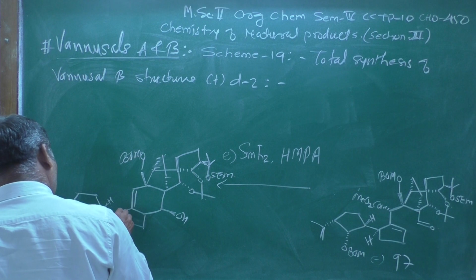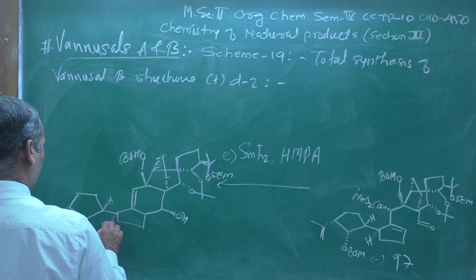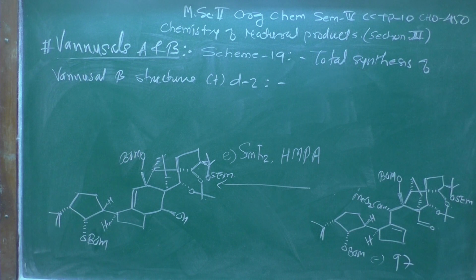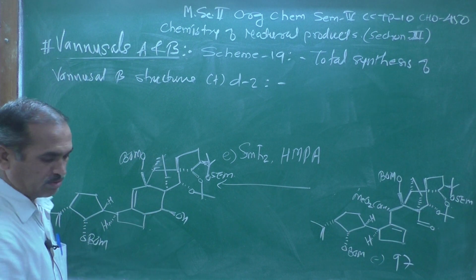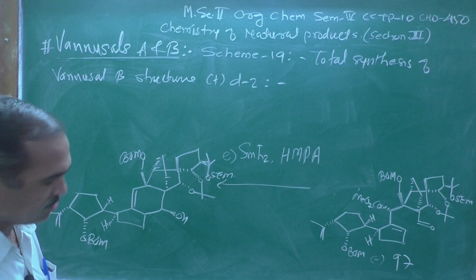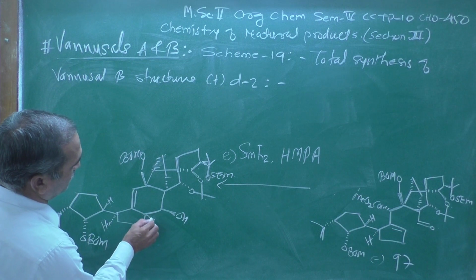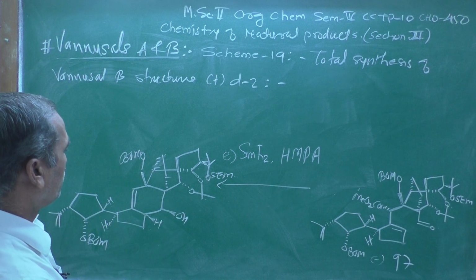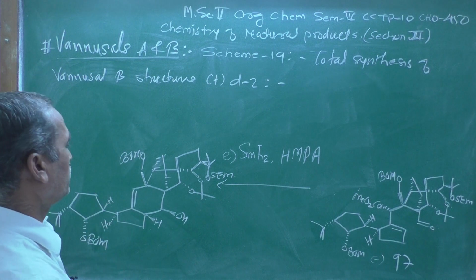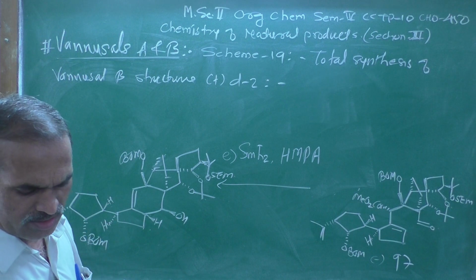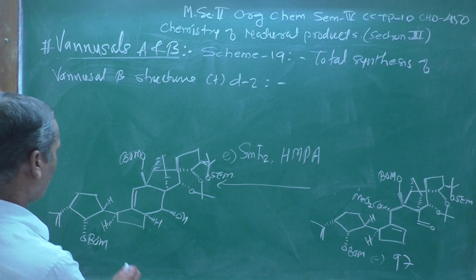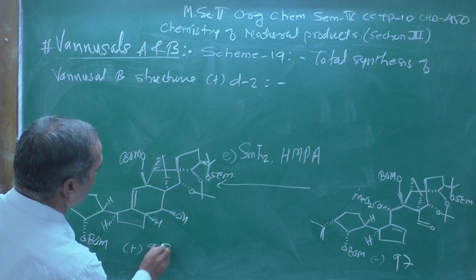Here this is the hydrogen atom which always remains below the plane. The hydrogen atom at this position also remains above the plane. So this is the structure, and that structure is nothing but 98.